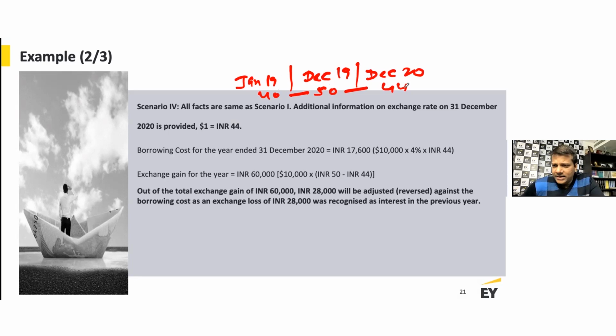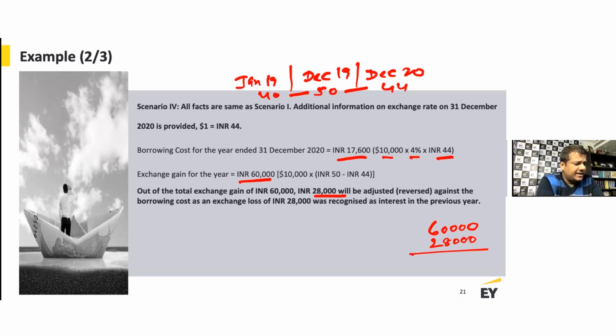So the borrowing cost again for the year December 2020 is fairly simple, which is 10,000 into 4% into 44. We get to 17,600. Now exchange gain, there's a 6 rupee exchange gain. That means 60,000 rupees of exchange gain. Out of that, 28,000 will be adjusted against the borrowing cost and the balance, so 60,000 minus 28,000. 28,000, remember, is the exchange loss which we had originally capitalized.